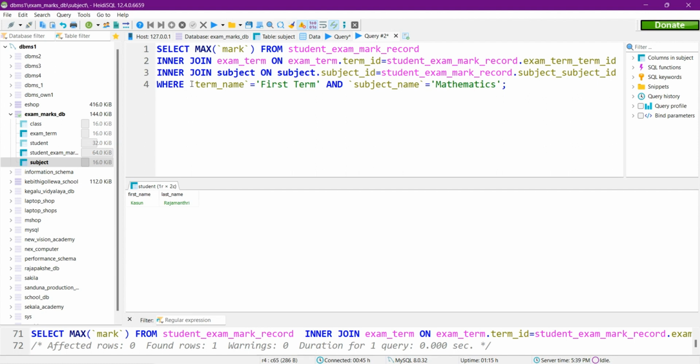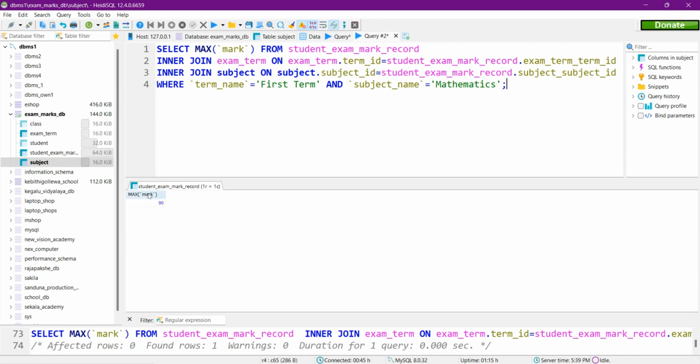Finally, I've given the conditions from the question: the term name should be first term and the subject name should be mathematics. If I execute it, I should get a result.